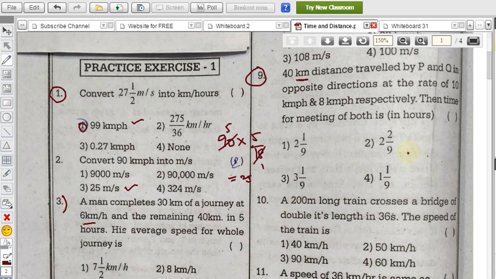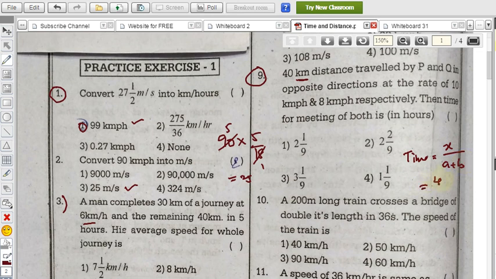So time is equal to distance between them by A plus B. According to relative speed, in opposite direction it is the sum of the speeds, the same direction is the difference of the speeds.